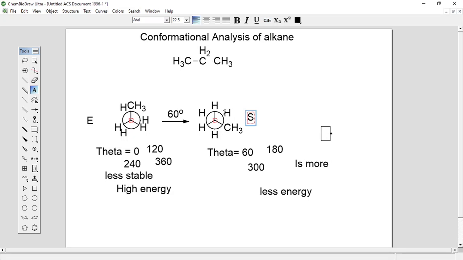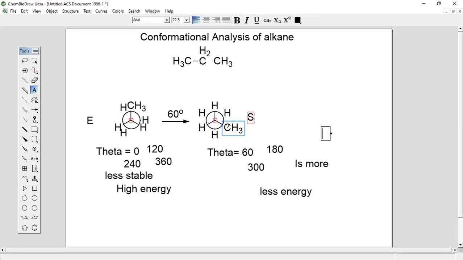So when you rotate this first carbon by 60 degree, you will get this staggered conformation of propane. Okay, so at dihedral angle 60, 180 and 300, you will get staggered conformation, and at dihedral angle 0, 120, 240 and 360, you will get eclipse conformation.